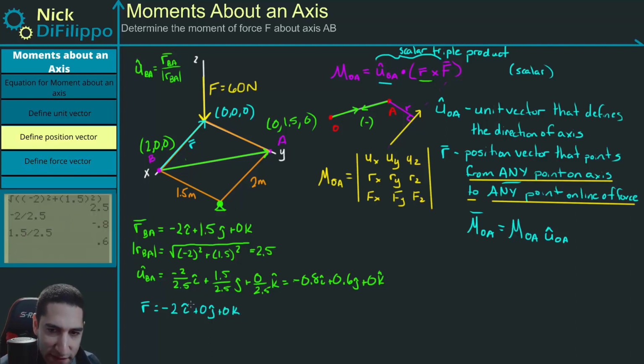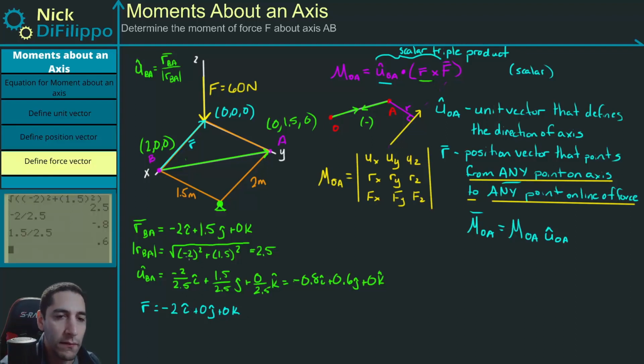So that's my position vector. Next, determine my force vector. My force vector is 60 newtons. That's given. It's in the minus Z direction. It's only in the minus Z direction. So I know my force is equal to minus 60K. It has no I, no J components.